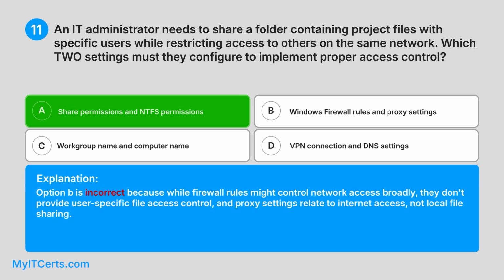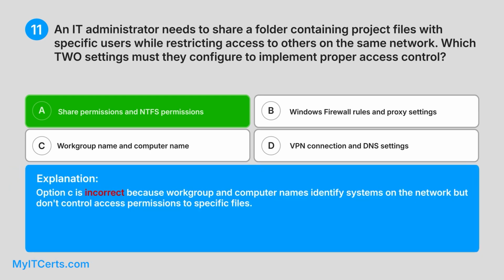Option B, Windows firewall rules and proxy settings, is incorrect because while firewall rules might control network access broadly, they don't provide user-specific file access control, and proxy settings relate to internet access, not local file sharing.